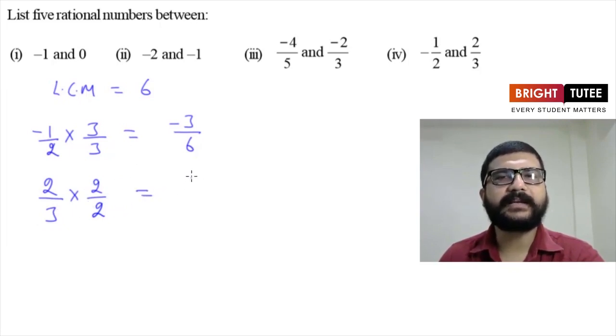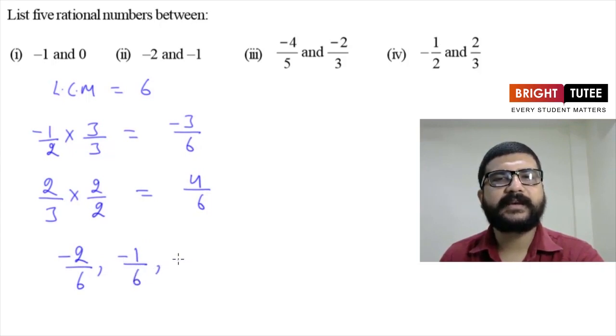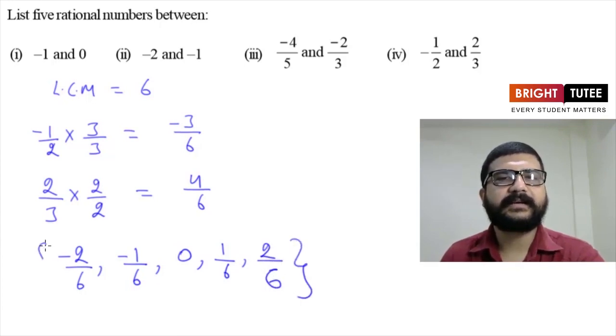So here we will get 4 upon 6. So now we have to give 5 rational numbers between minus 3 upon 6 and 4 upon 6, and they will be minus 2 upon 6, minus 1 upon 6, 0, 1 upon 6, 2 upon 6. All these numbers are lying between minus 1 upon 2 and 2 upon 3.